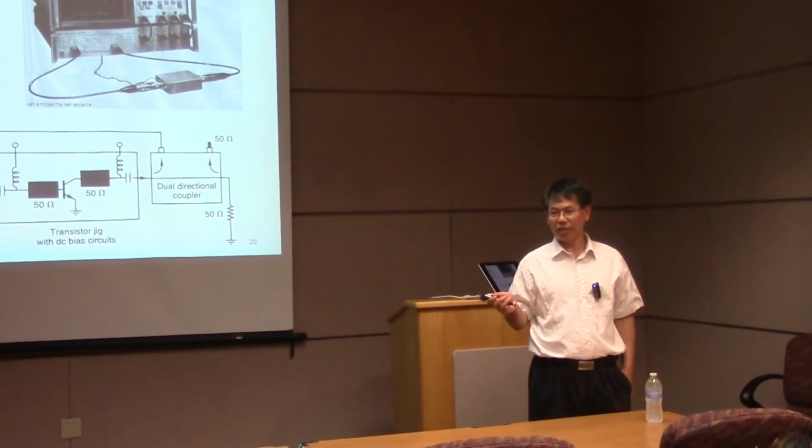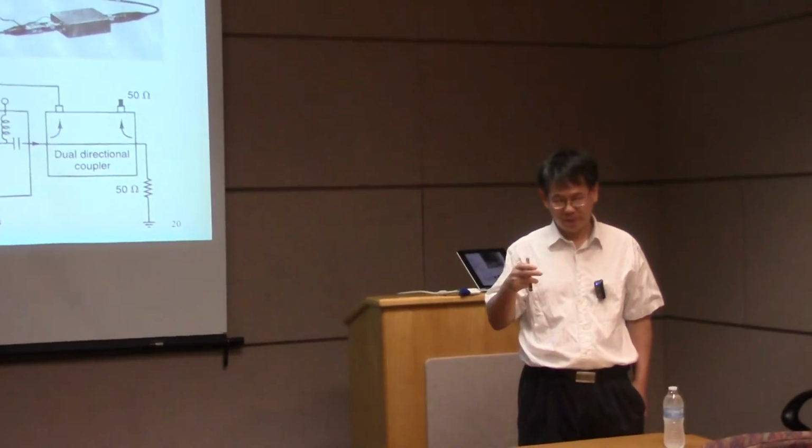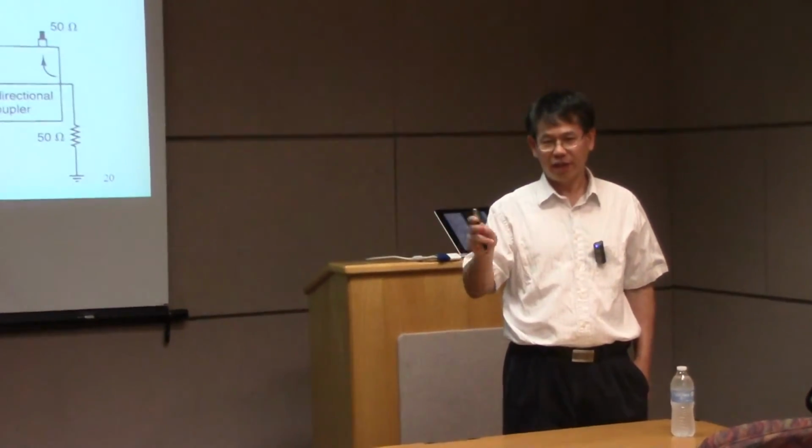As an electrical engineer, as long as you can use a network analyzer proficiently, I think the other pieces of equipment are much easier for you to handle, okay? Because the main difficulty comes from this wave idea. It's a big change from the voltages and currents we are used to.